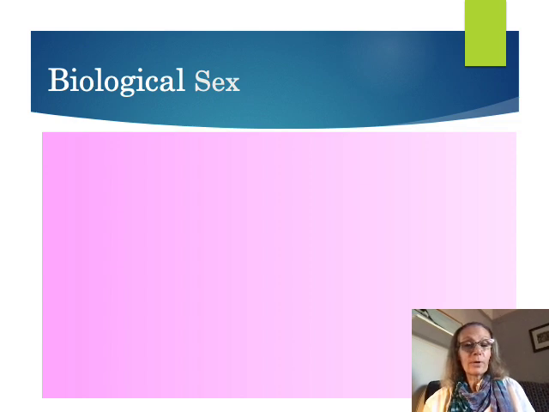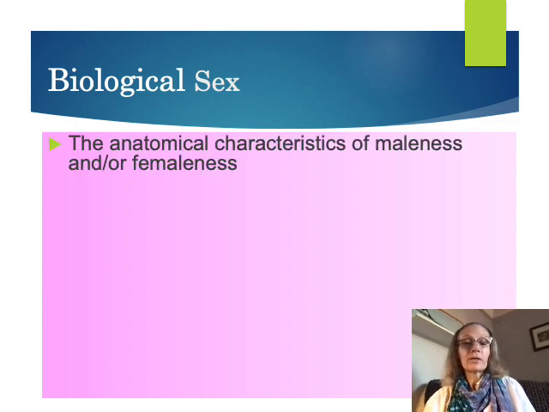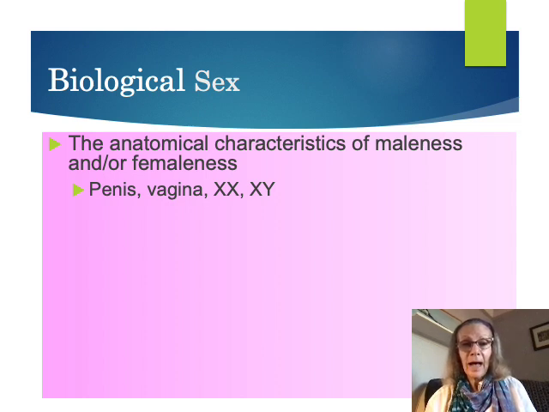Okay, so the first thing we're going to look at is biological sex. And what biological sex refers to is the anatomical characteristics of maleness and femaleness. And so when we think about anatomical characteristics, we're talking about the body, right?